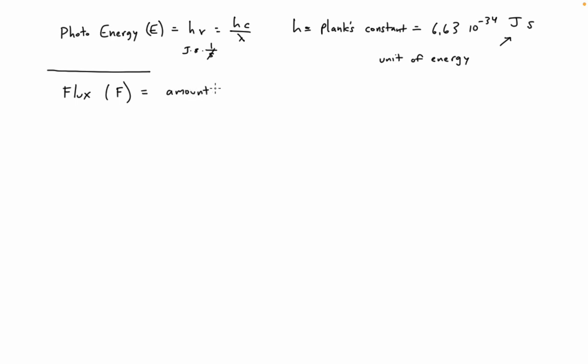So a flux is an amount of stuff per time per unit area. So here, we could talk about the flux of water through a river. And here we're talking about, for stuff, we're going to talk about the energy.